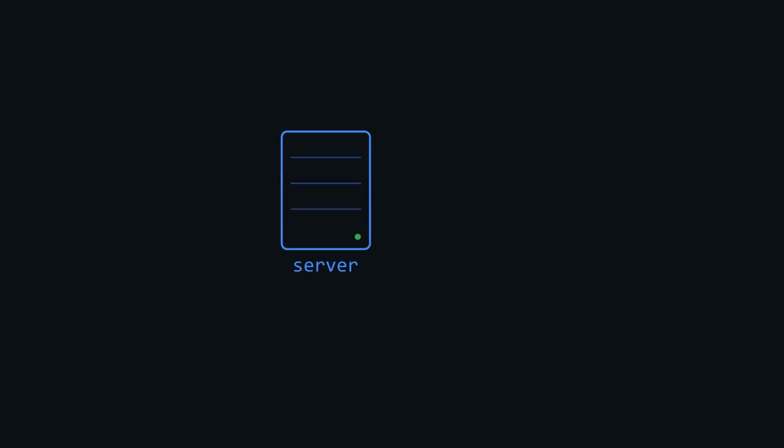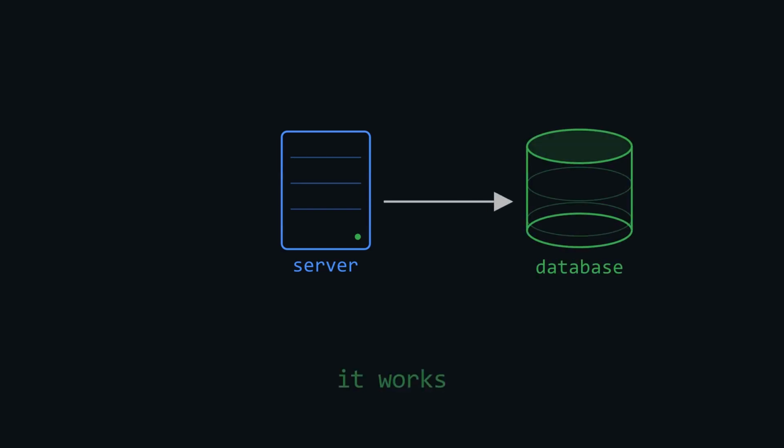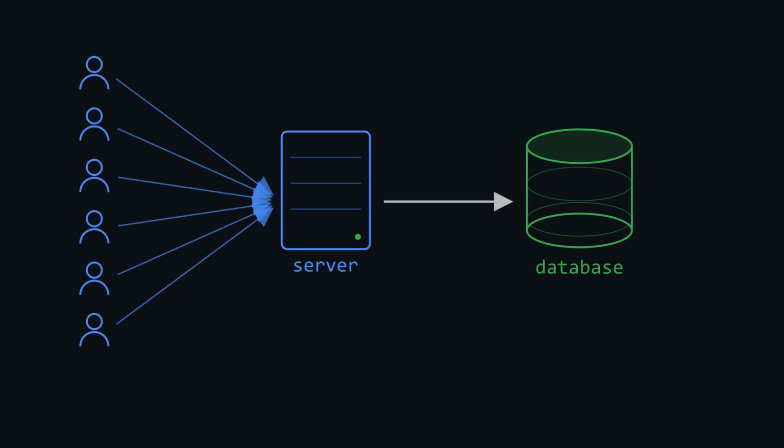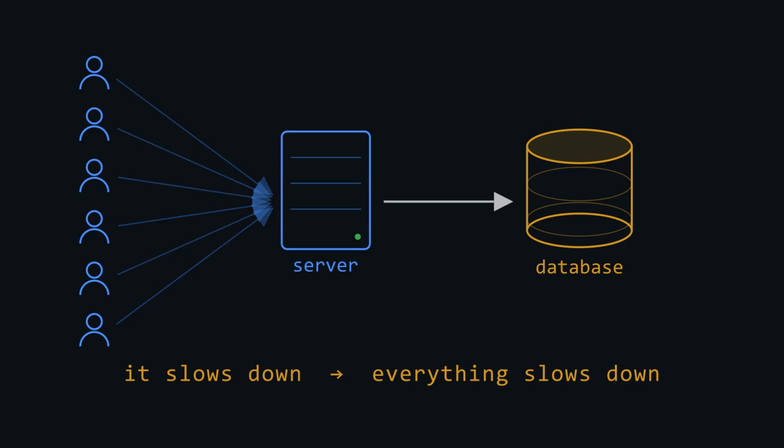So now you have a machine that answers requests and a database behind it doing the remembering. That's a real system. It works. But look at what everything now depends on. One database. Every request from every user or every page ends up at that one place.